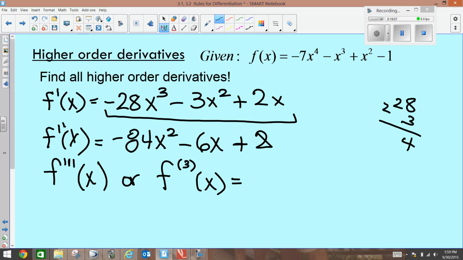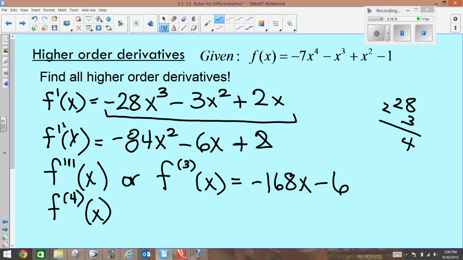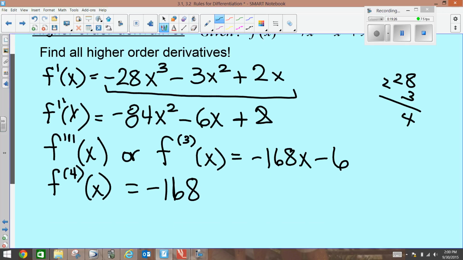And that's the derivative of this, so that's negative 168x minus 6. Okay, let's find the fourth derivative. That's the derivative of the third derivative, so that's negative 168. Okay, and then what happens to the fifth derivative?